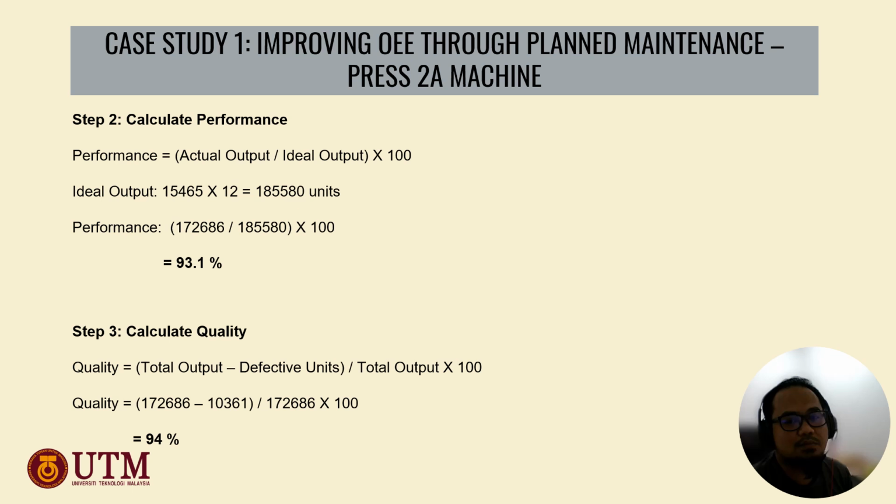The next step is step 3. We calculate the quality. The quality formula is total output minus defective units divided by total output. From the data given, we put the values into the equation and we get a quality of 94%.